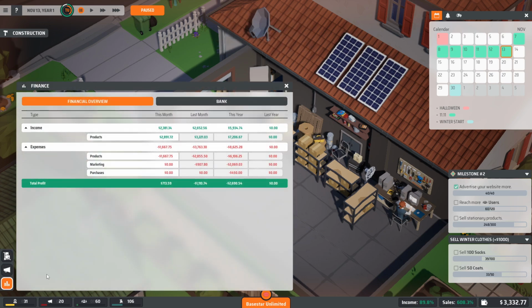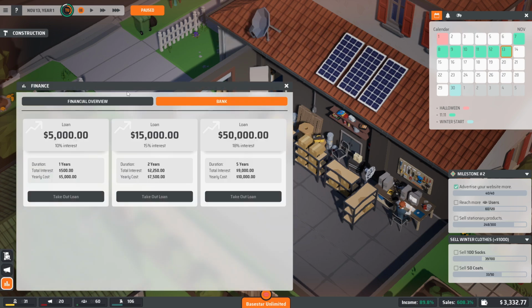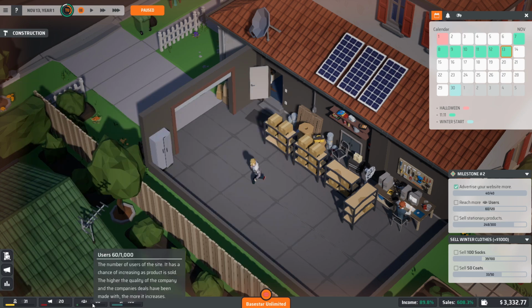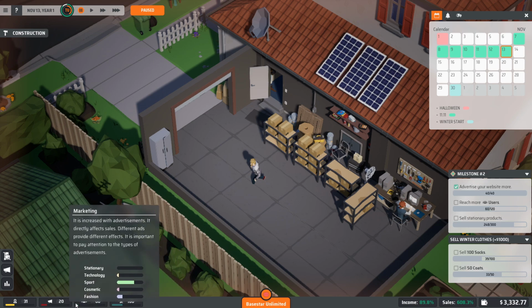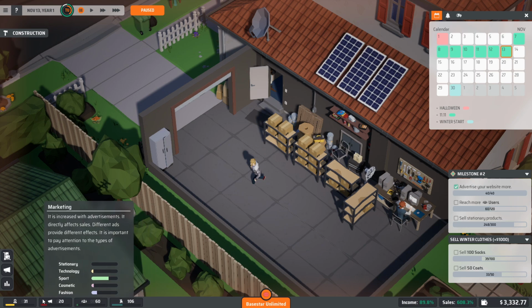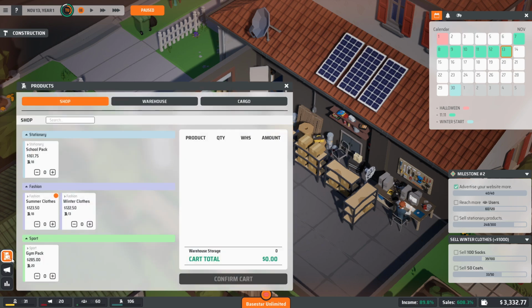So can I like see what I have? That's bank loans. Okay. Users, storage, marketing. Okay. Okay, so we've got a lot of sports.